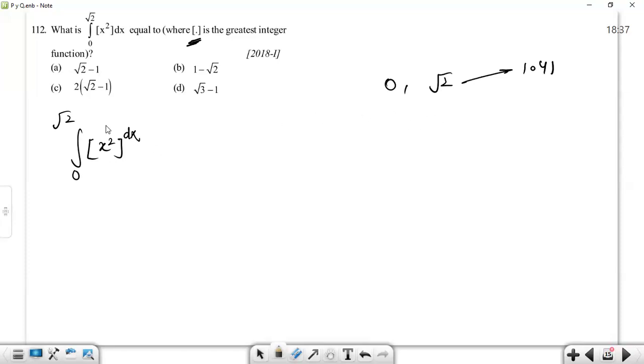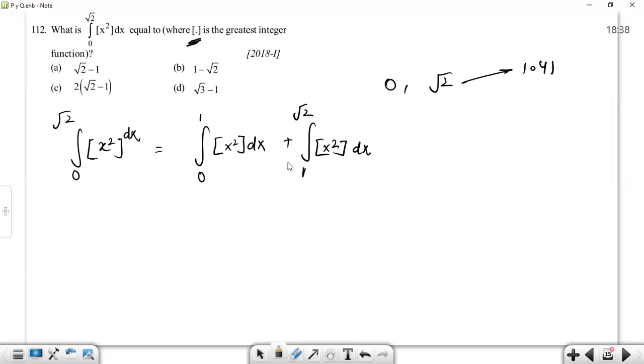So let's break this function in limits from 0 to 1, x square dx, and then further 1 to square root of 2, x square dx.